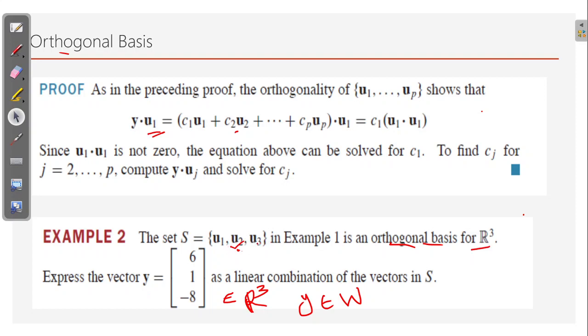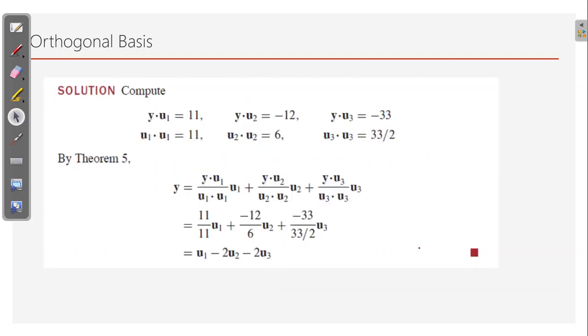That means you should find c1, c2, and c3. So the solution will be like this.